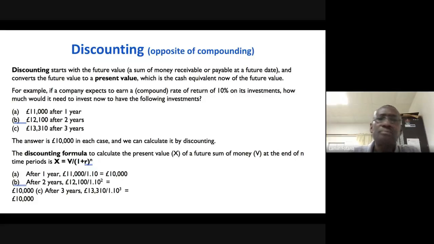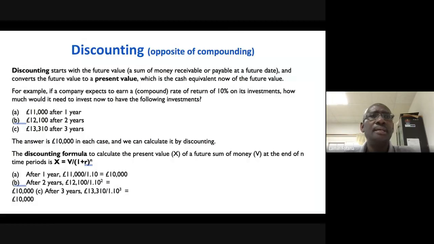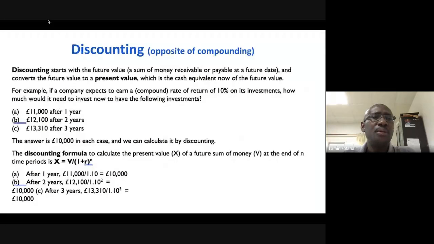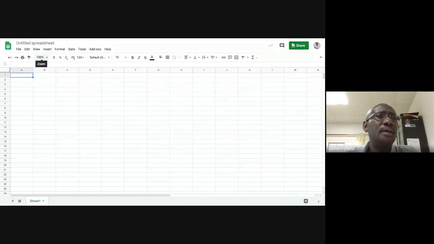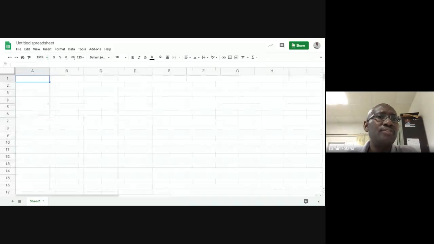Okay. Right. So I'm going to open my new spreadsheet. I go to plus sheet. So I'll stop projecting this, then I will project. Share. Okay. So this is the new spreadsheet that I've opened. I'm going to magnify it to 150.